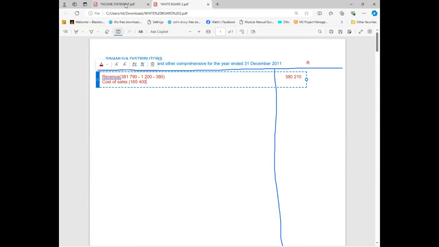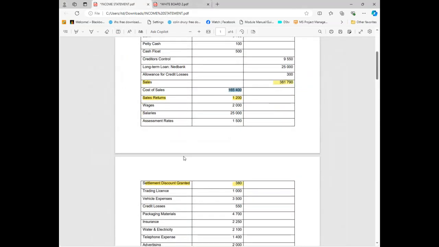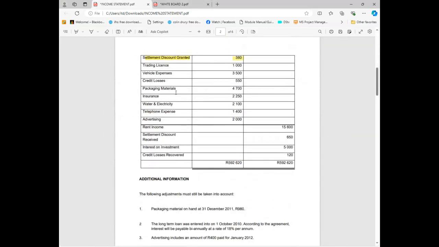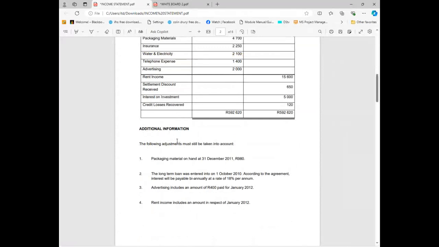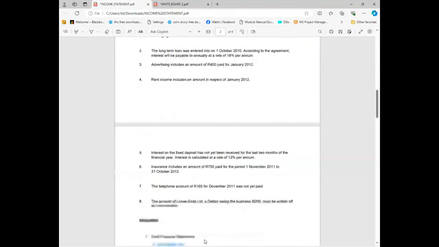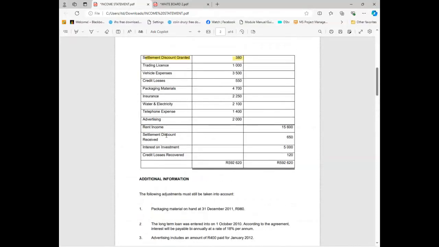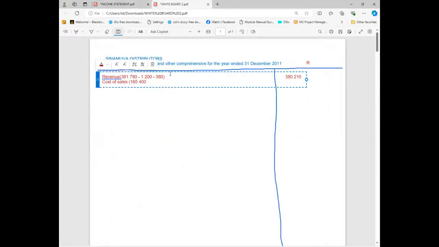And then we check if we've got those settlement discount receipts. We don't have it here, unless I can't see properly. Okay, so we do have settlement discount received. Where is it? It's the second one. Thank you. Perfect. And we minus it here in brackets.